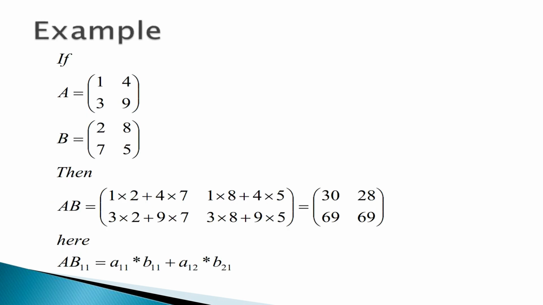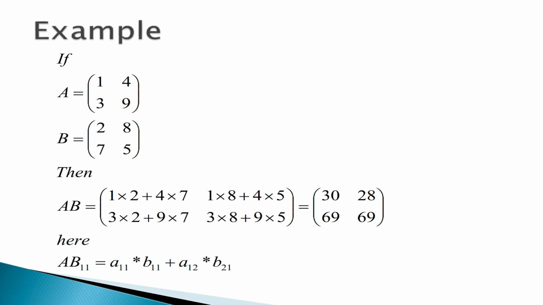Here is an example. Suppose A is the matrix 1 4 3 9 and B is the matrix 2 8 7 5. Then A cross B: the first row of the A matrix is 1 4, so we have to multiply with 2 7. That is 1 into 2 plus 4 into 7. Similarly, 1 4 with 8 5, that becomes 1 into 8 plus 4 into 5.